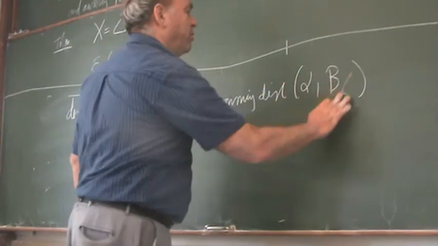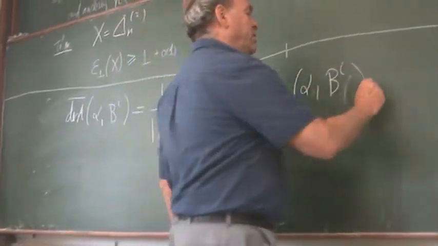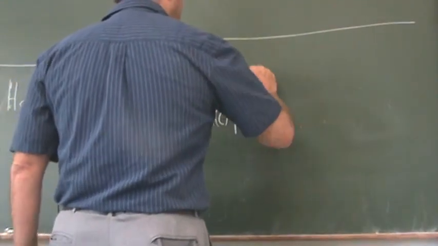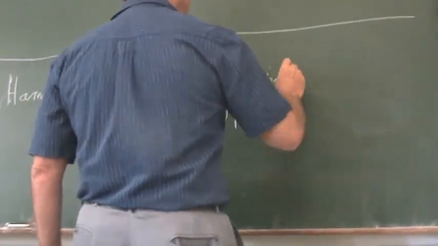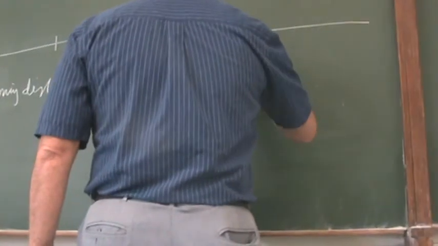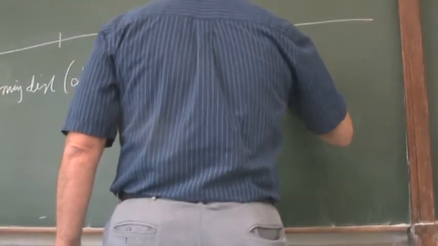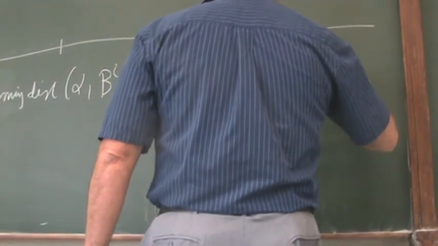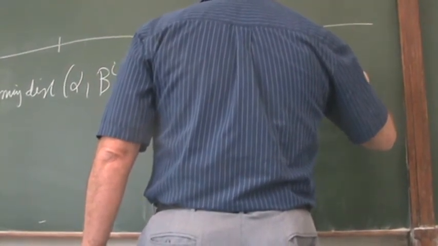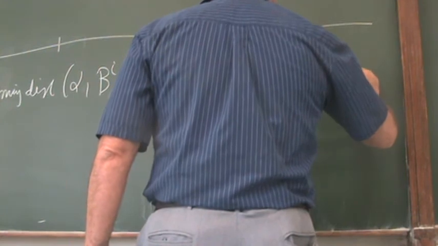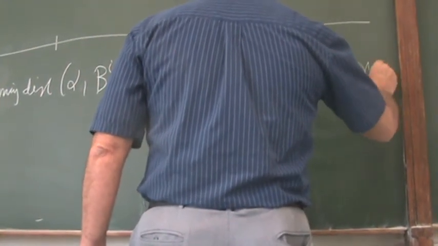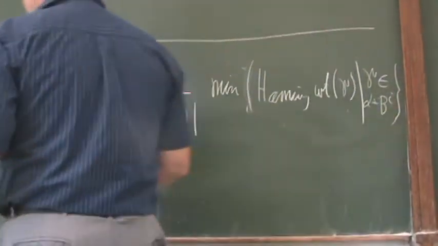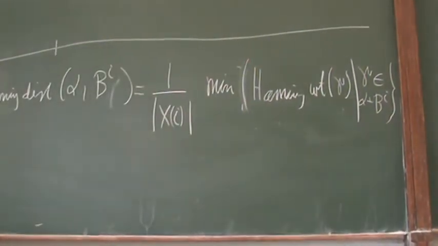This is 1 over XI of the minimum Hamming weight of gamma, where gamma is in the coset alpha plus BI, because this is a property of Hamming weight.